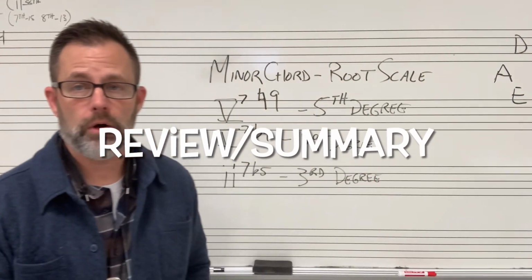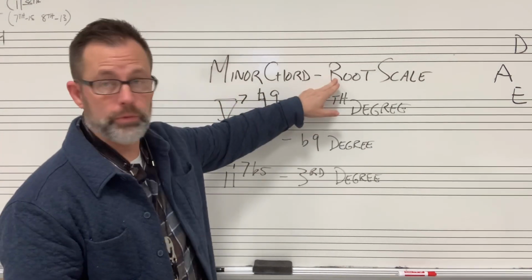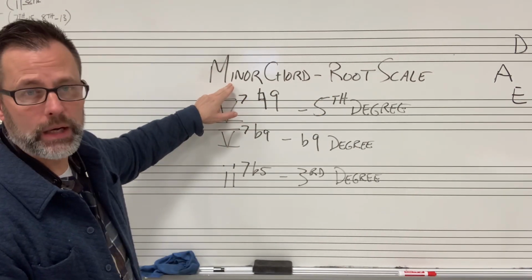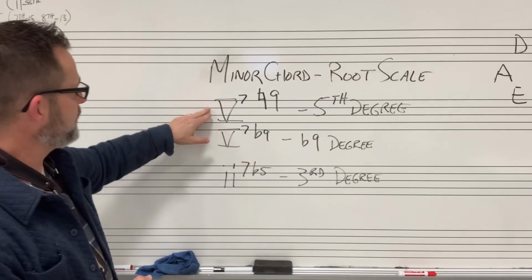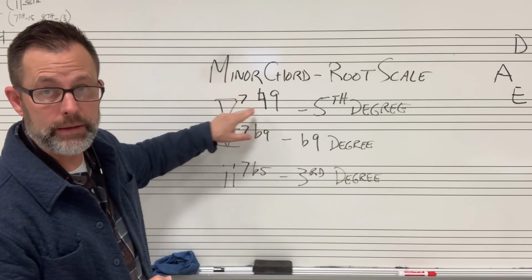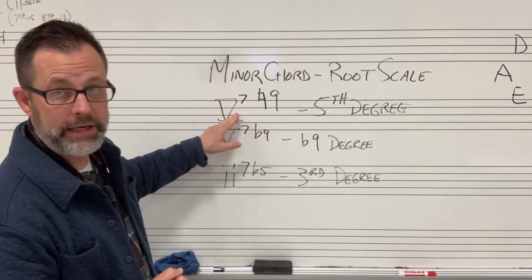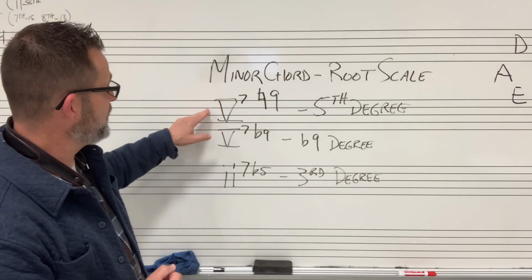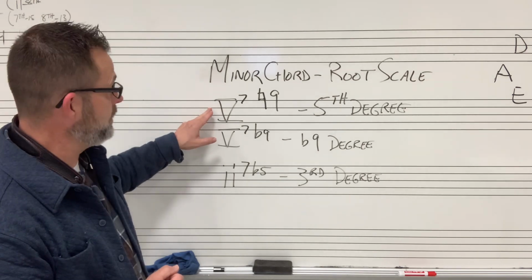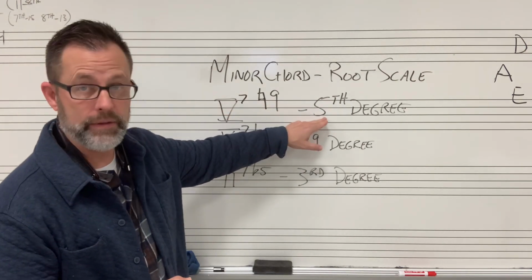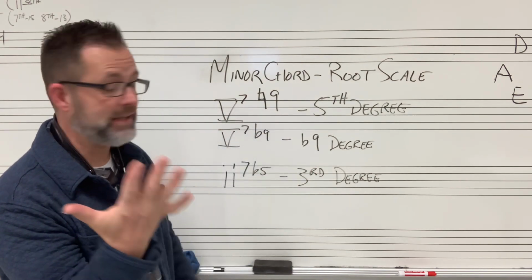All right, so here are our 4 applications that I went over. If you've got a minor chord, you use the root scale. Example, D minor 6/9, D jazz minor, starts on the root. If I've got a 5/7 chord with a natural 9, I go to the 5th degree of the 5 chord. For this example, if I had a G7 with a natural 9, I would go to the D jazz minor, G, A, B, C, D. D is 5.